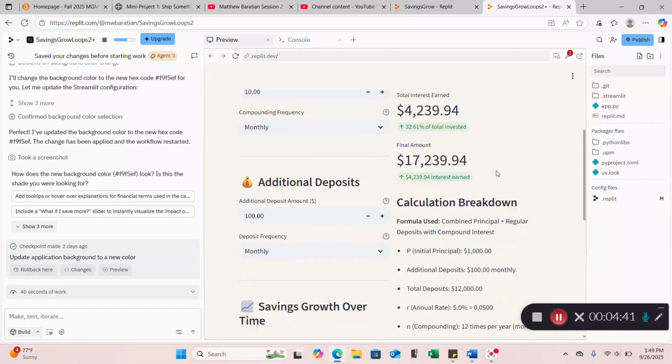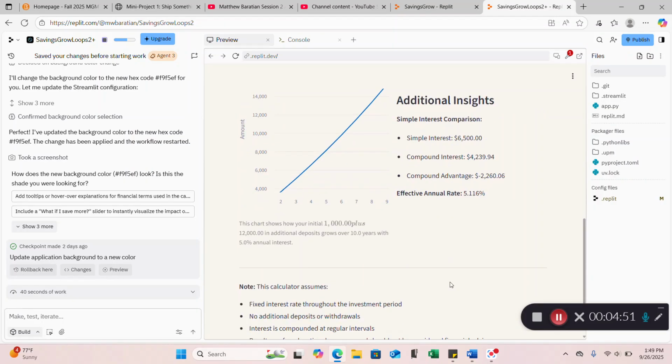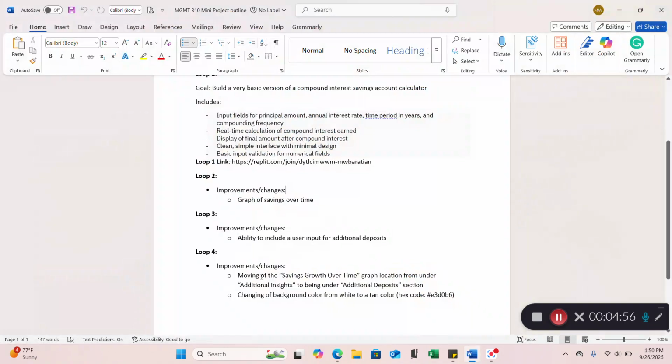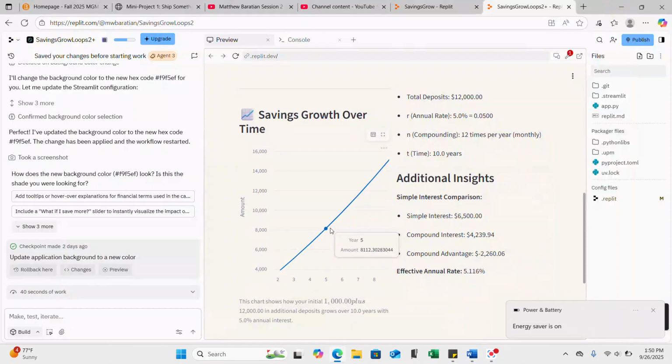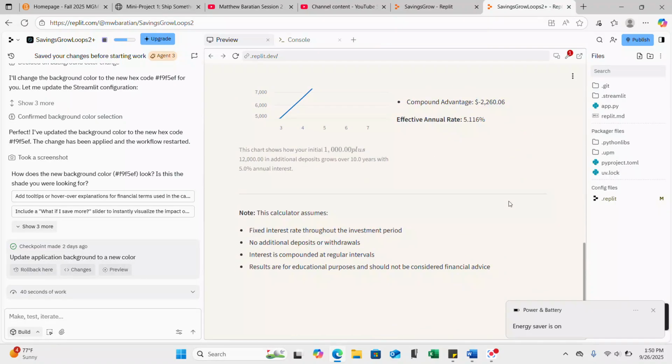The savings over time graph ended up all the way down under additional insights, and that is just not visually appealing, and it makes it hard to see everything at once. So I attempted to move the savings growth over time graph from under the additional insights to being under the additional deposit section, which is right here. So now you can see everything at once and you don't have to scroll all the way down.